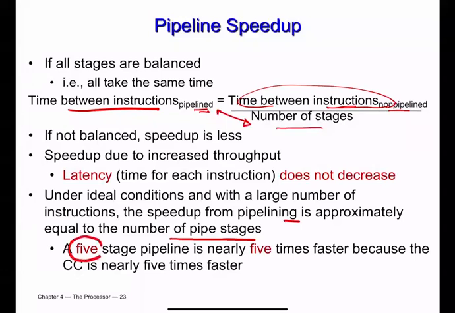So if you have a 5-stage pipeline, it is approximately 5 times faster if I have a huge amount of instructions. Roughly, of course, roughly. If I have 5 stages, this means that I am executing that particular code 5 times faster than the normal implementation.